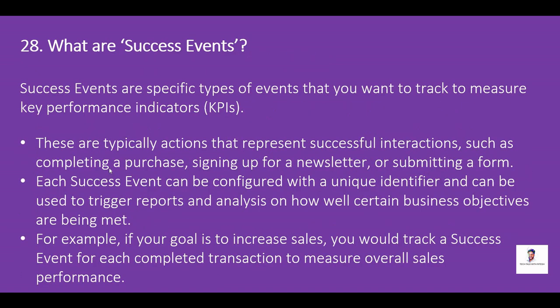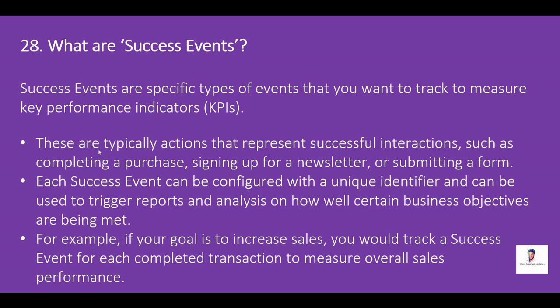Now, likewise, we have events, and we have success events. Success events are specific types of events that you want to track to measure key performance indicators. So likewise, it's a success event, right? And we have KPIs which the business has decided or aligned. So success events are tracked to measure KPIs.